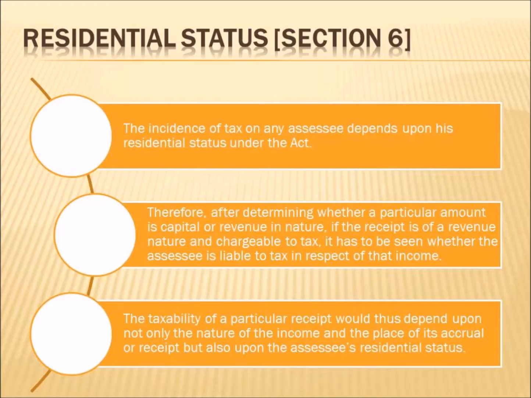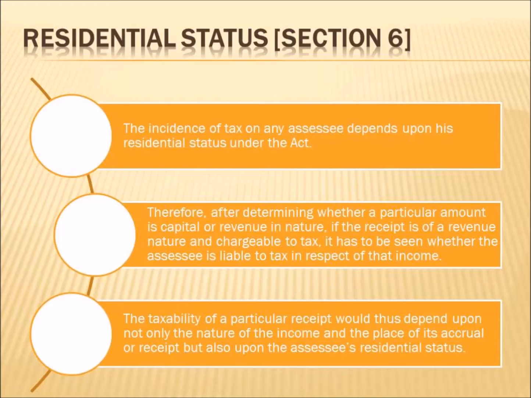Meaning, whenever we start with the calculations of tax payable by any assessee, we first of all see whether the particular income is capital or revenue in nature. After determining the nature of the income, and if the nature of the income is revenue, then we have to see whether it is chargeable to tax or not.